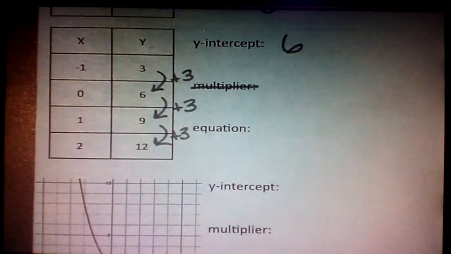Actually, hold on. 3 plus 2 is 5. 3 times 2 is 6. Hold on. There might be a multiplier here. Right. It is multiplied. You can't do it. Yeah, it's impossible.